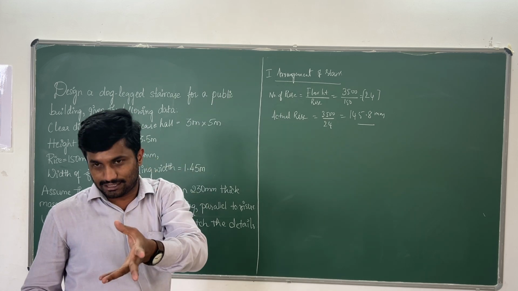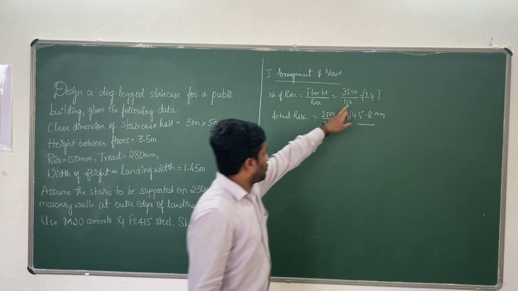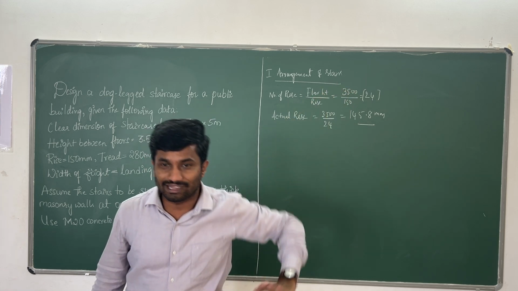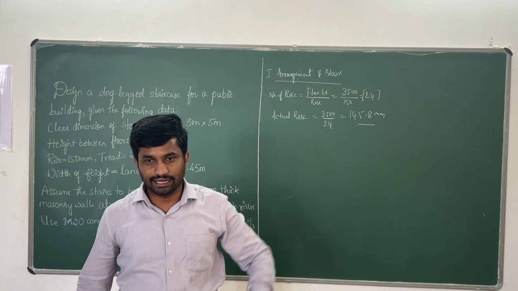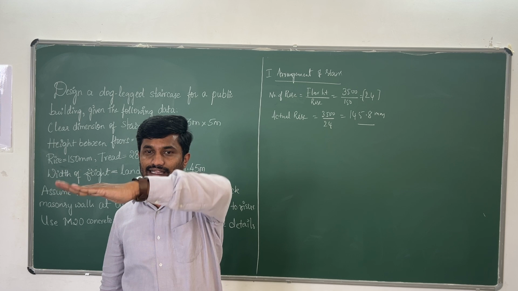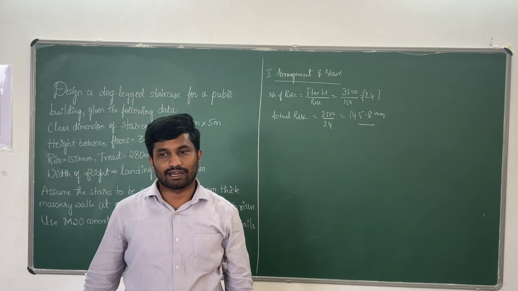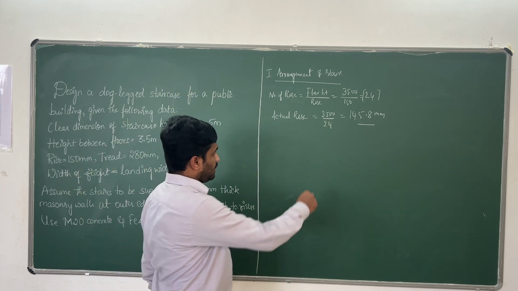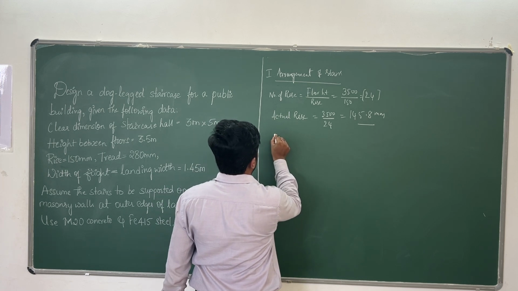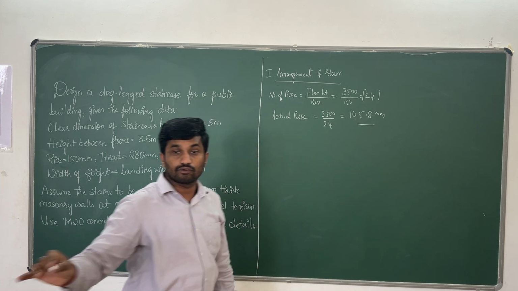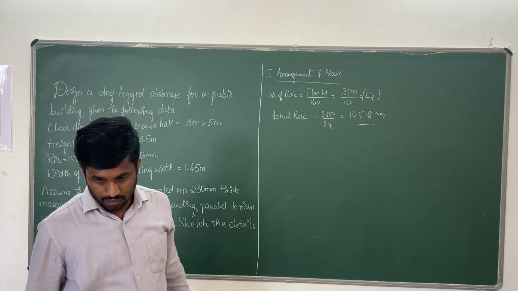So there are two flights. This is the total number of rise, but in a dog-legged staircase we are having two flights, right? One flight in this direction, then we are having a landing in the opposite direction. So we are having two flights. So how many rise do we get in each flight? 24 by 2.